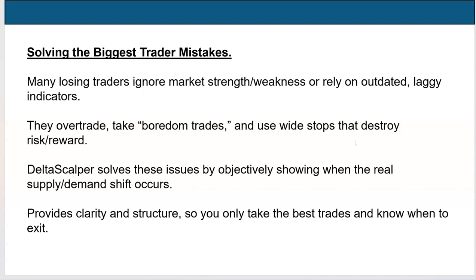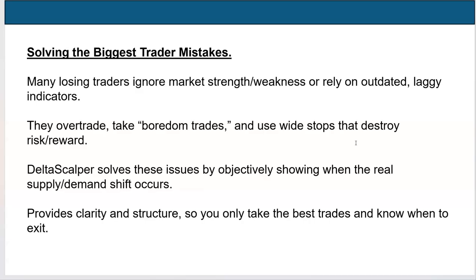Delta Scalper solves many of the biggest mistakes that traders make. Many losing traders ignore market strength and weakness and rely on outdated, laggy indicators. Following price alone isn't following strength. You always want to be buying strength and selling weakness. Traders overtrade. They take boredom trades and use wide stops that destroy risk and reward.